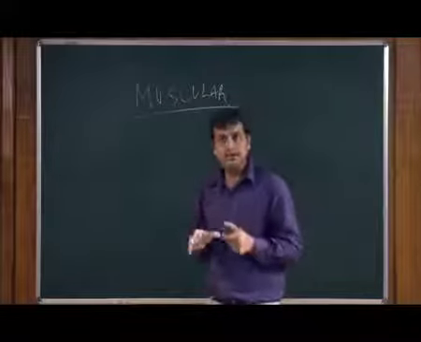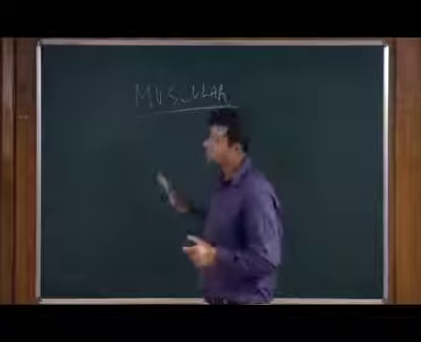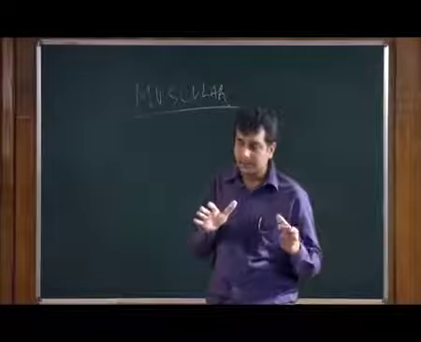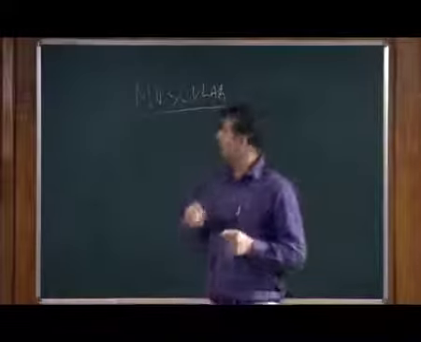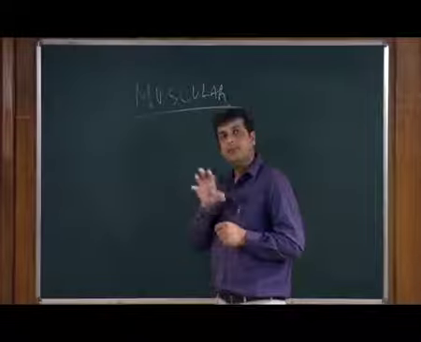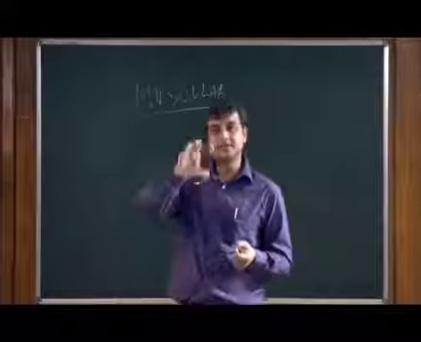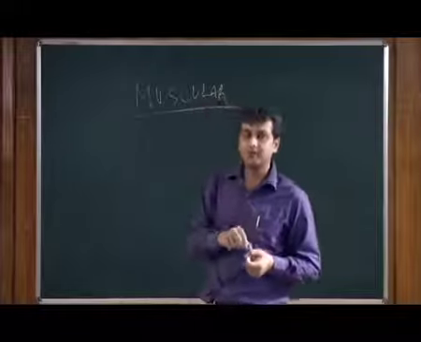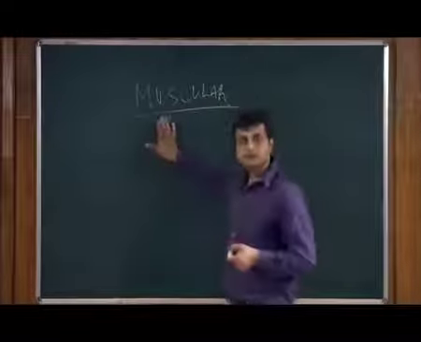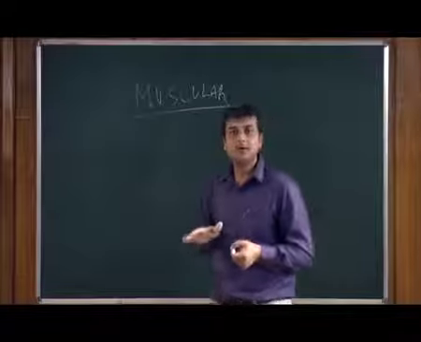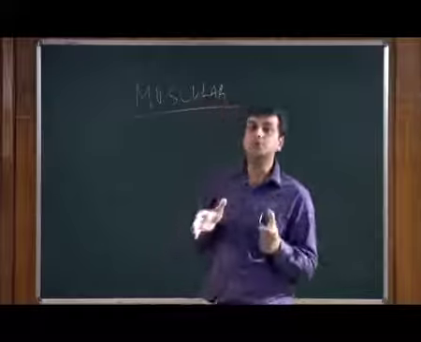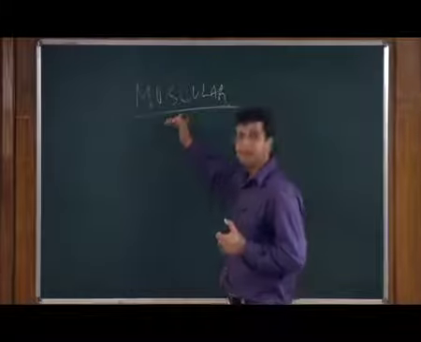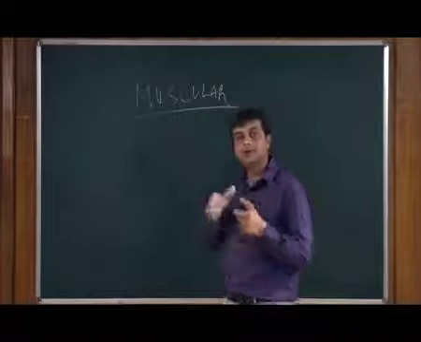Having said that, amoeboid movement, muscular movement, and very specifically ciliated epithelium movement, apart from the amoeboid movement, which is basically happening in the leukocyte level, other movement like muscular movement and ciliated movement are basically controlled by the nervous system. So, we need to understand how this muscle movement is controlled with the help of nervous system.